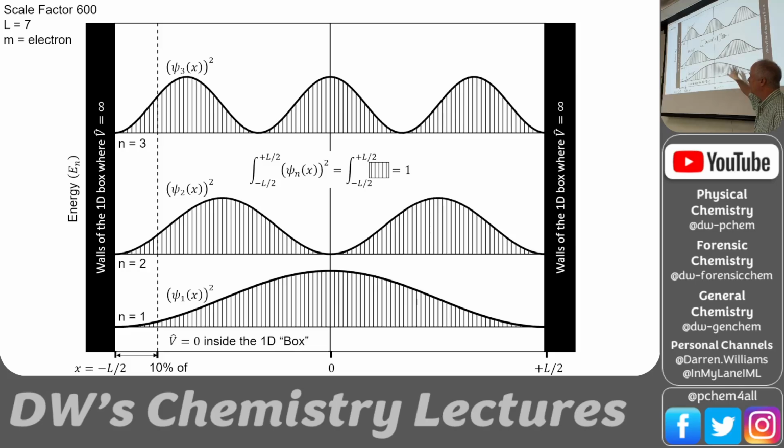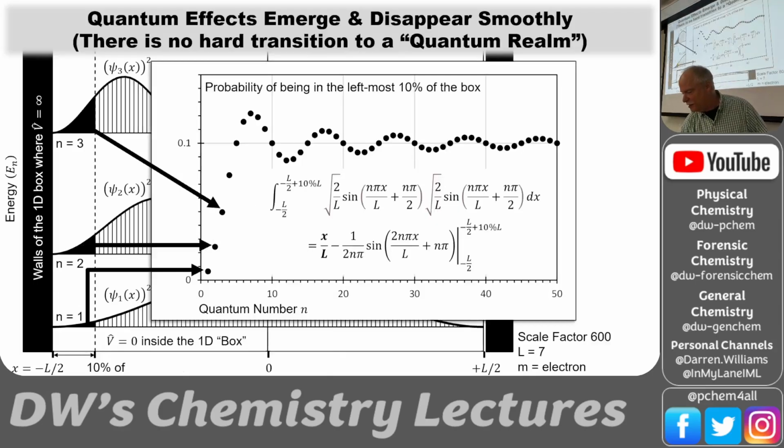But if I square the wave function and look at the area under the curve, in the ground state, that is not 10% of the area under the curve. So let's look and see what that is. This is the probability of being in the leftmost 10% of the box. So it's just the area under this little curve right here. And it's that right there. So that's 0.1. This is, let's see, 0.01, 0.02, 0.03, 0.04.